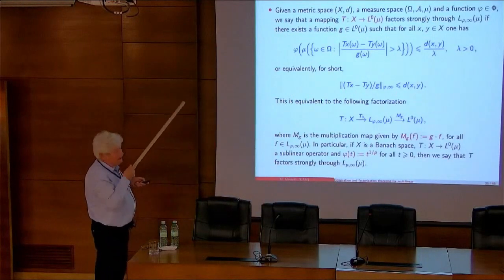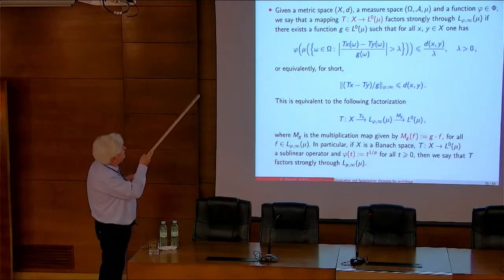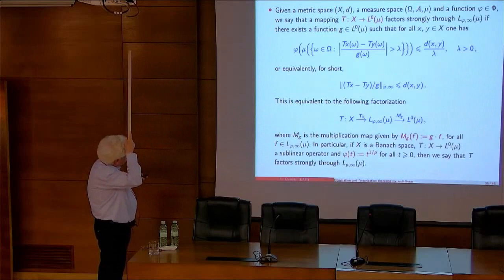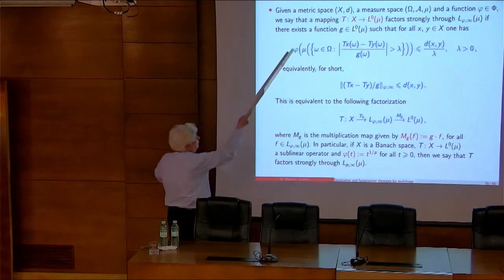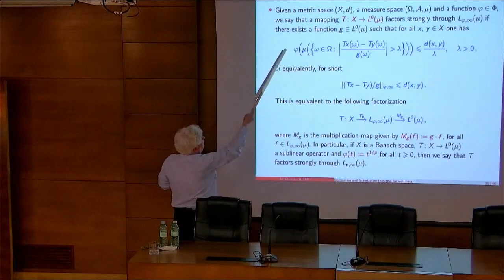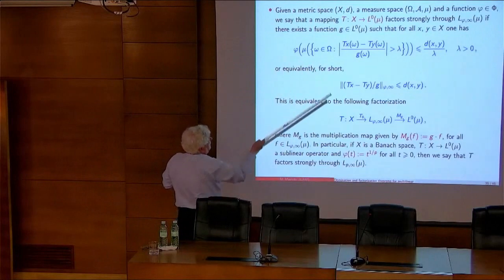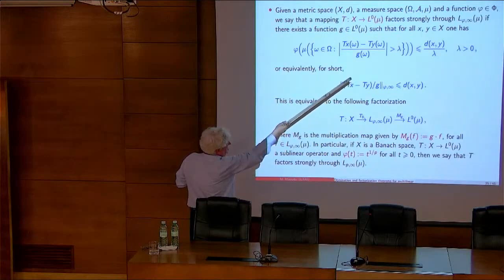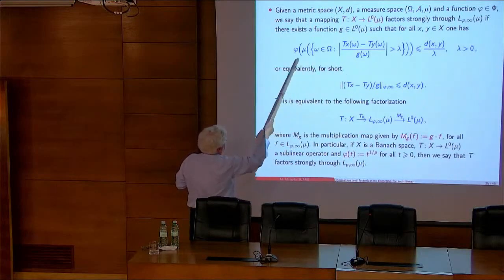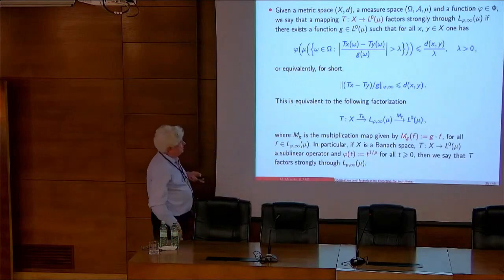Following the definition in Wojtaszczyk's book, given a metric space and a measure, the definition was for Banach or p-Banach spaces. I mean, Carlton had some results for p-Banach. Then we have a map from the metric space X to the space of measurable functions, and we say that it factors strongly through the Marcinkiewicz space L^{phi,infinity}, with the given function phi in our class capital Phi, for which we have this estimation.